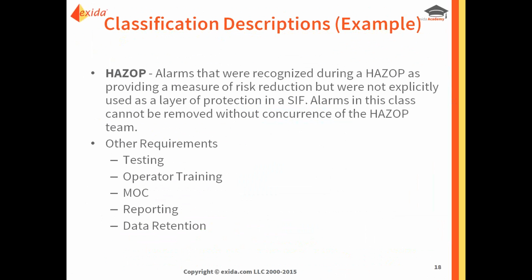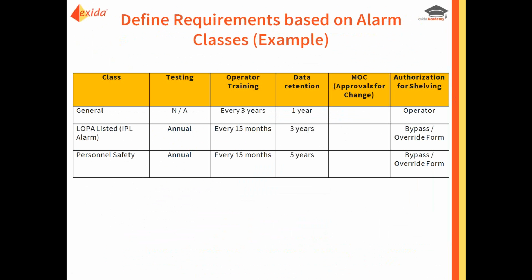Here's an example of one and how it might be completely documented. An alarm that's part of a HAZOP that was recognized as a HAZOP but is not used explicitly for risk reduction in an independent protection layer. So we would define a description and also the associated requirements for those alarms. Perhaps this is a more logical way to think about that.